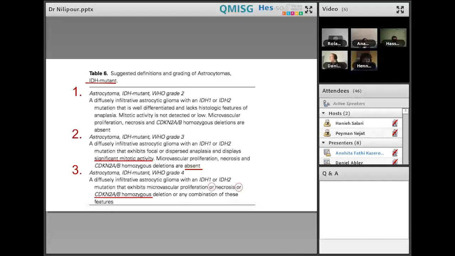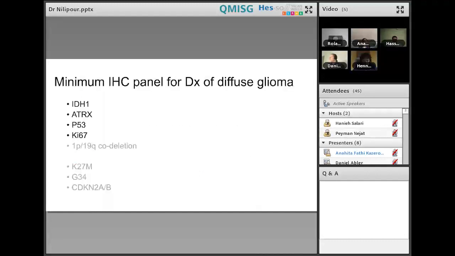Next slide, please. But even with the same morphology, with a different molecular signature, we have different types. So even these days, with the morphology of astrocytoma grade 3, if we have a specific mutation like CDKN2, we have different diagnoses based on the WHO grade. So these days, morphology alone is not enough for a good diagnosis.